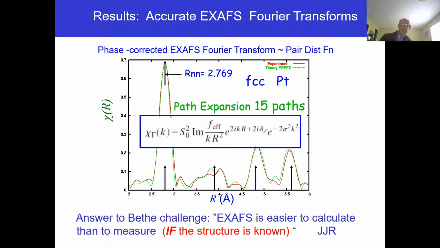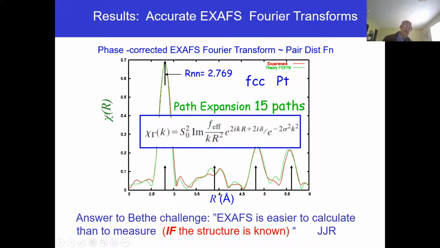What are the results? Turns out the theory really works very well. Each of these multiple scattering paths can be written in terms of a path amplitude, FEFF, where our code comes from. There's a phase factor that has the near neighbor distance, or sorry, the total path distance, plus a little phase shift and a Debye Waller factor and some spherical factors.